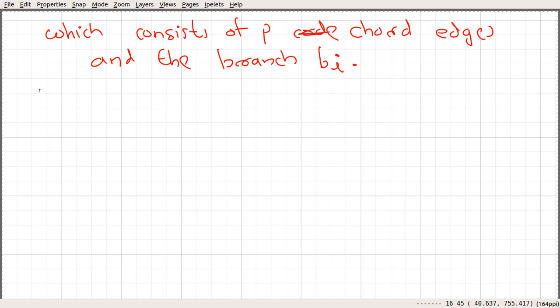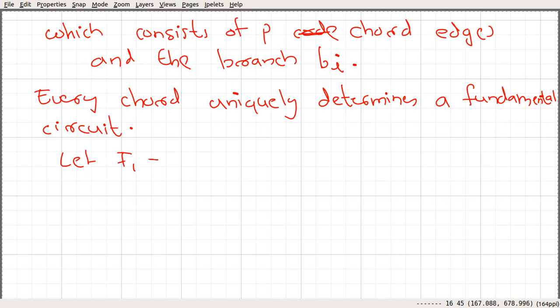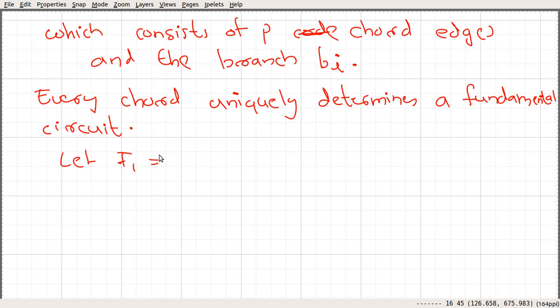So we know that every chord uniquely determines a fundamental circuit. Let F1 be the fundamental circuit determined by C1. A fundamental circuit will contain a chord and branch edges.